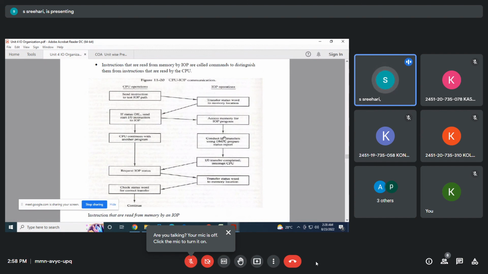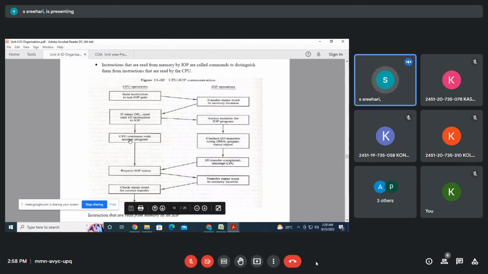The IOP program is running on this side and the CPU is running on this side. So the CPU continues with another program, continuing in parallel with the IO operations, right? The IOP conducts IO transfers using DMA and prepares a status report. Once it is done, the IO transfer is completed and it interrupts the CPU.